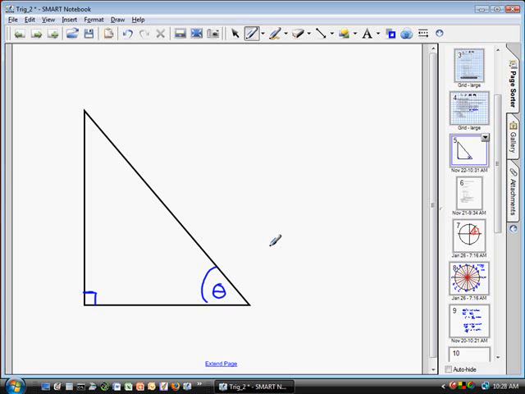Okay? Now, a little bit from geometry. What do we call the two sides of a right triangle that form the right angle? I'll give you a hint. It's a body part. Legs, yeah. And what do we call that long thing? I'll give you a hint. It's a body part.